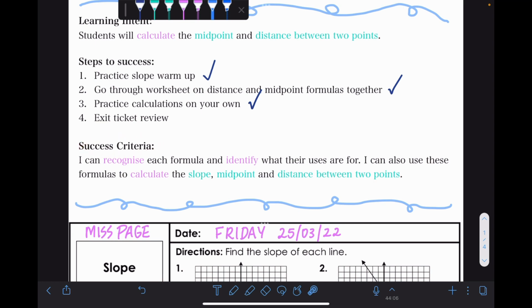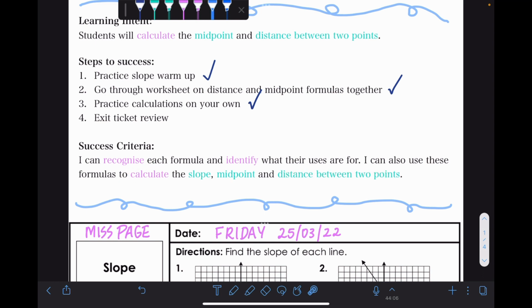Because our success criteria tells us by the end of the lesson, we need to be able to recognize and identify what each of our formulas are and what they're used for. Once we make sure we know how to do that, you also need to be able to apply those formulas to calculate the slope, the midpoint, and the distance.